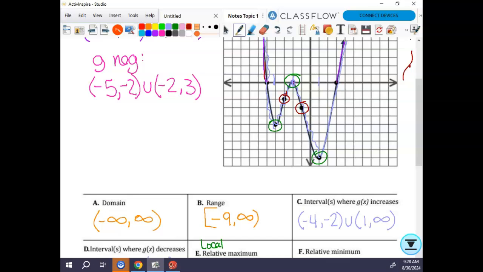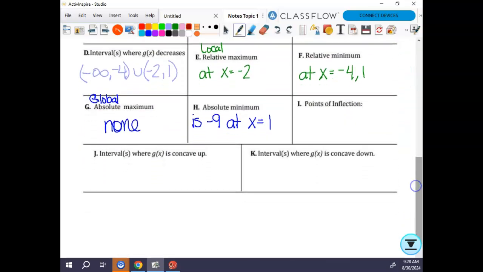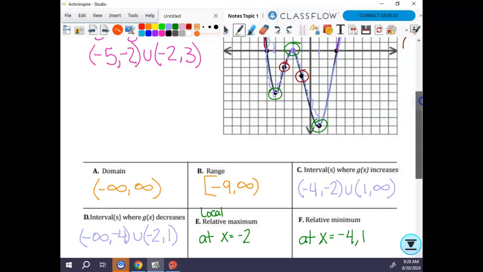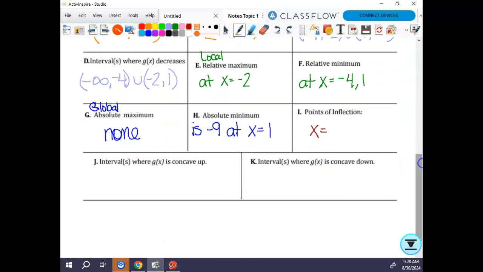But I have 2 points of inflection, so they are at x equals what? -3 and -1. Everybody okay with that?